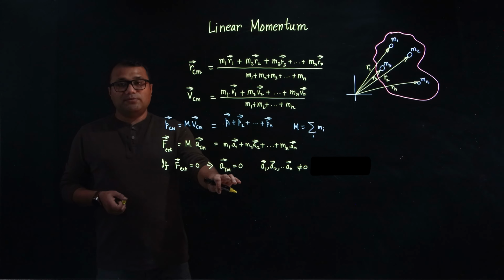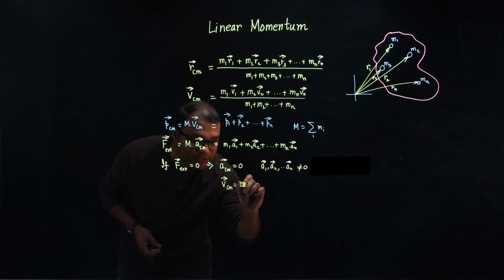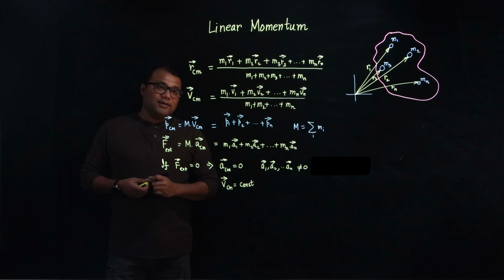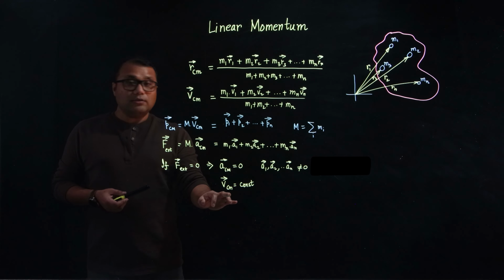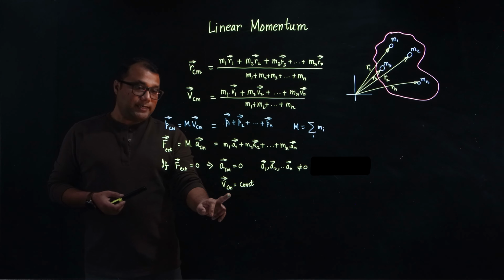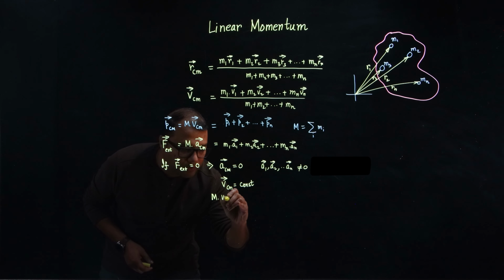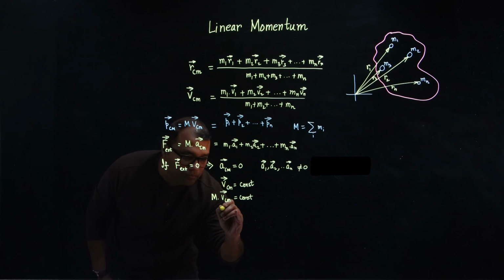Now if acceleration of center of mass is 0, then from that we can infer that velocity of center of mass is a constant, not 0, constant, right? So if there is no external force, the velocity of center of mass remains constant, which means if I multiply m, the total mass of the system, times VCM, that is also a constant, which means what?